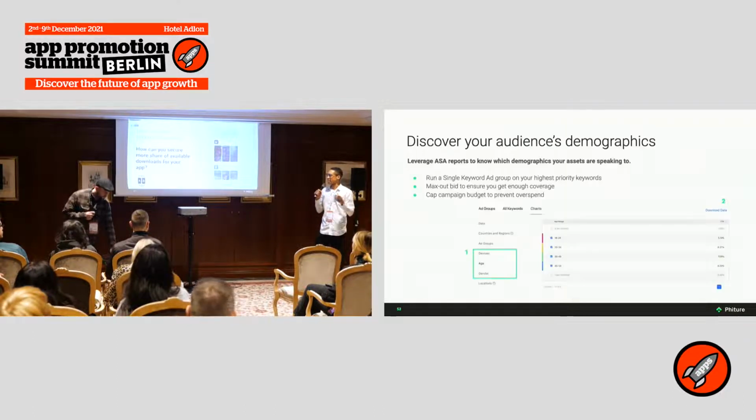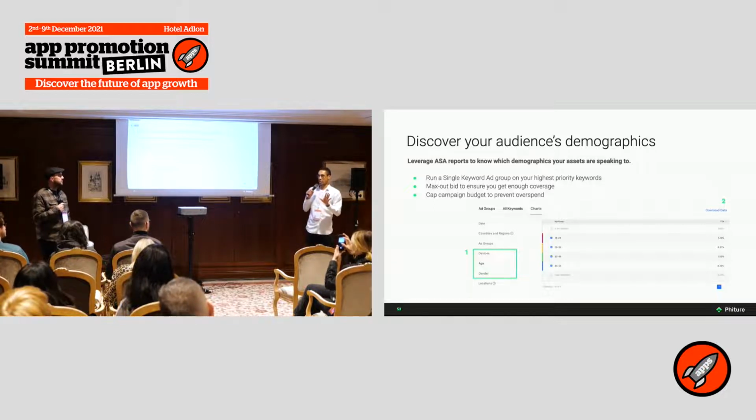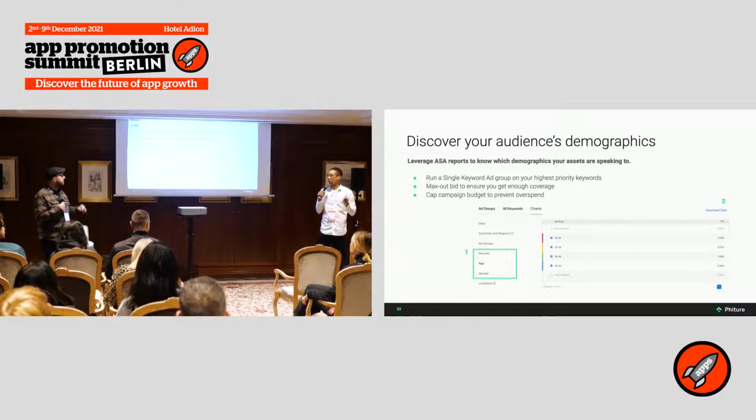There are a few different ways to do this. One is to use search ads data and understand your demographics a little bit more. You can run a single keyword ad group for the 1, 2, or 3 keywords that you want to improve your rank on or capture more share once you're already at number 1.